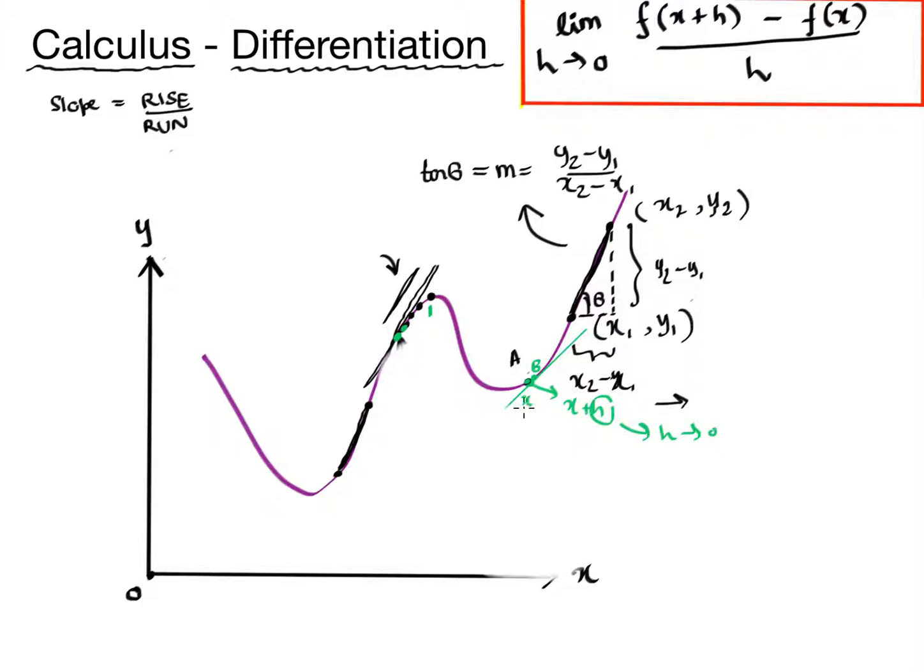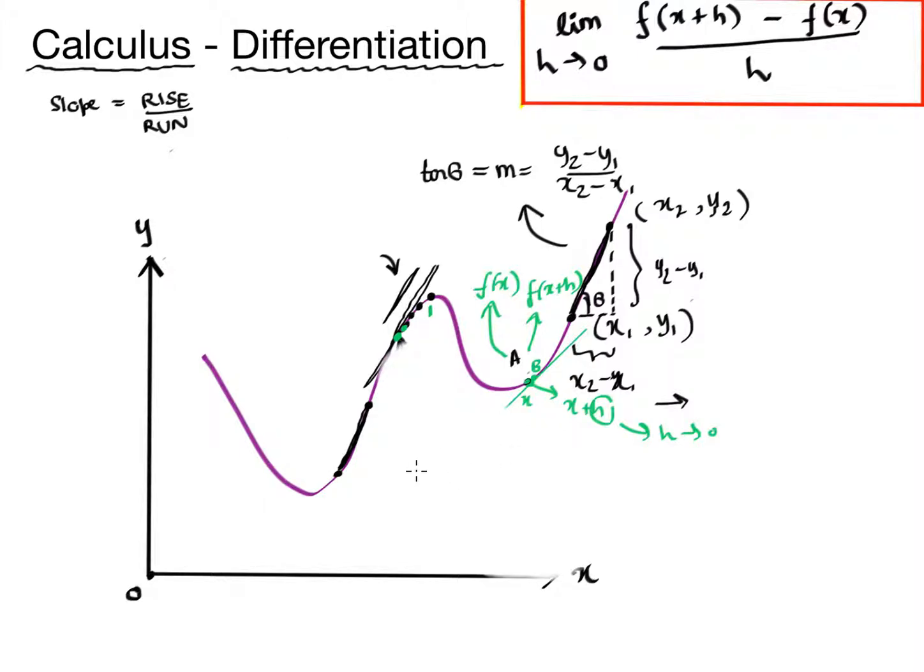Now, when we have this x and x plus h, what is the function value at each? At A, the function value is f of x, and at B, the function value is f of x plus h. So what do you think the derivative would be?